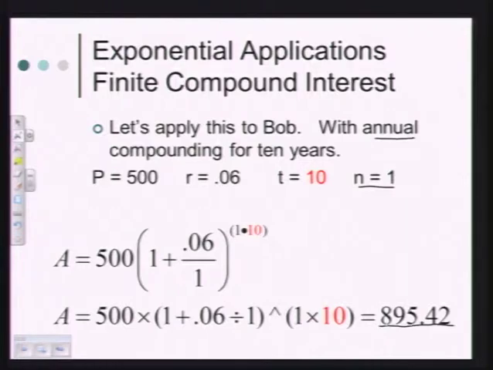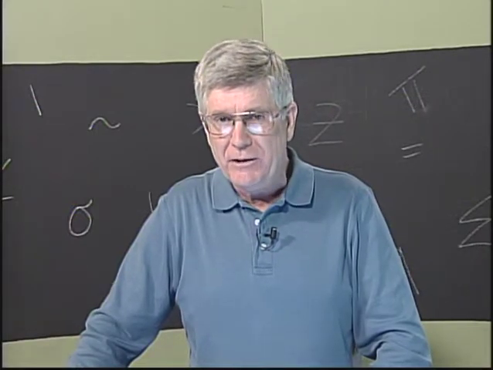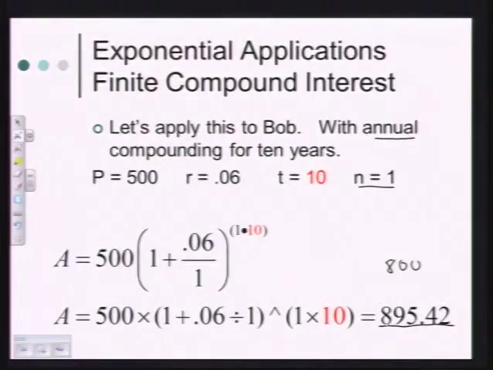Now remember, when he did simple interest, in which case his interest was only calculated one time at the end of 10 years, he had only $800 in the bank. By demanding that he be paid interest at the end of every year and that be put into his principal for the next year, compound interest then, Bob has picked up in that 10 years another $95.42. He's increased his investment quite a bit.